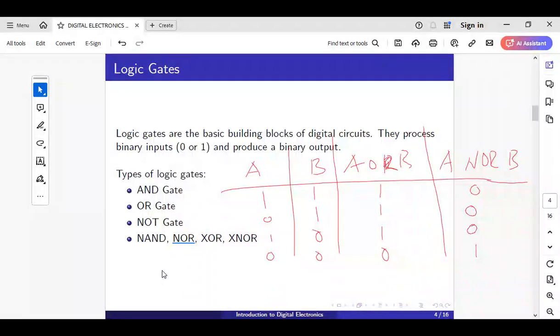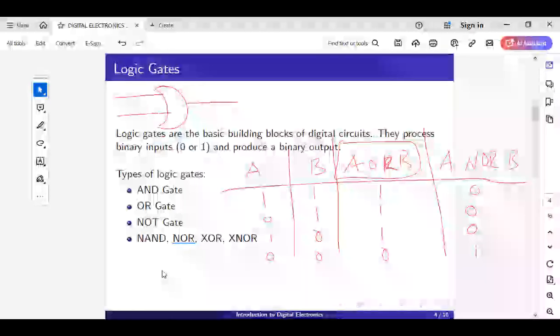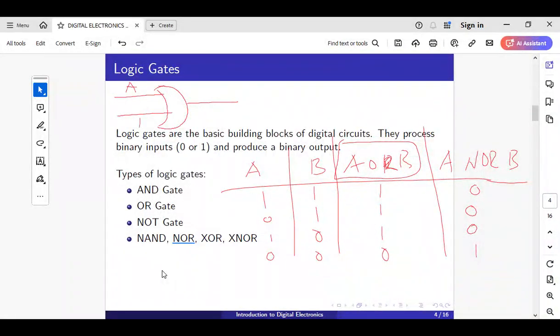Now, what is the diagram for that kind of arrangement? We first begin with the A or B, which gives us an OR gate. We have this as our input, and the output is A or B. Now this output is acted upon by a NOT gate, so we add a NOT gate.